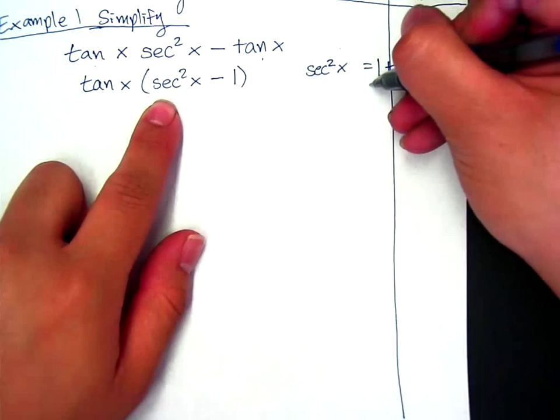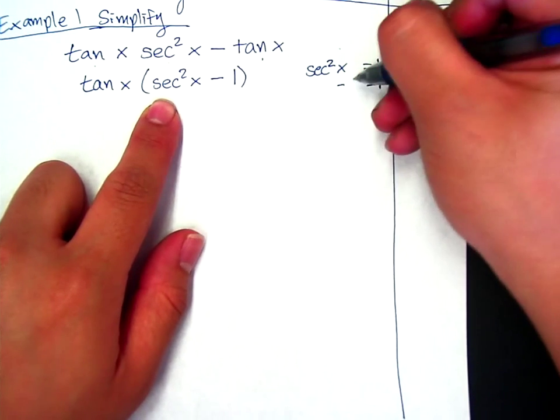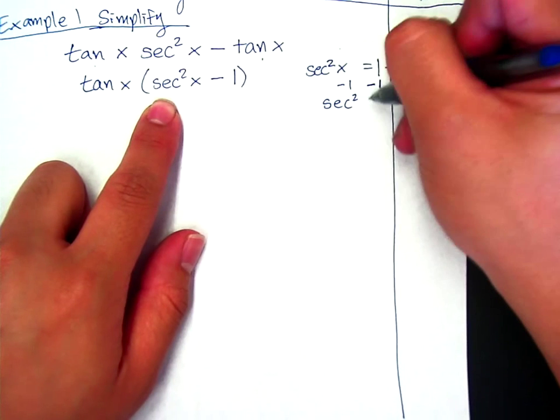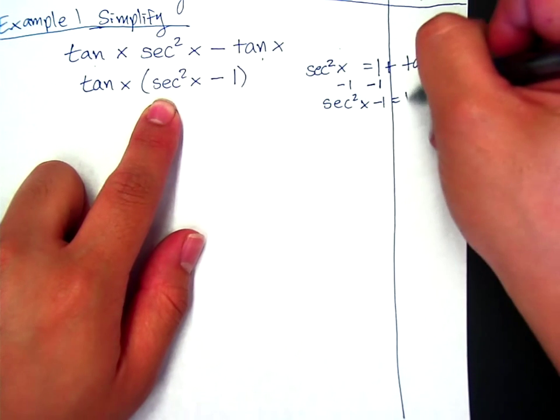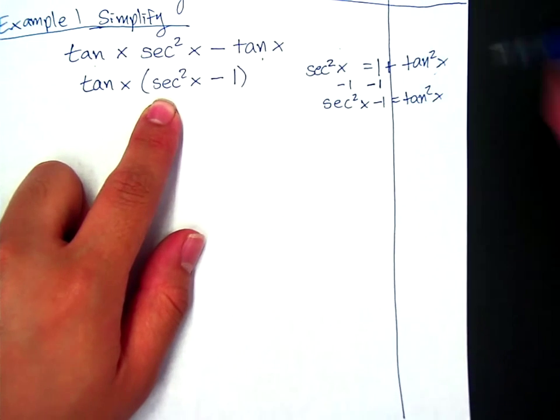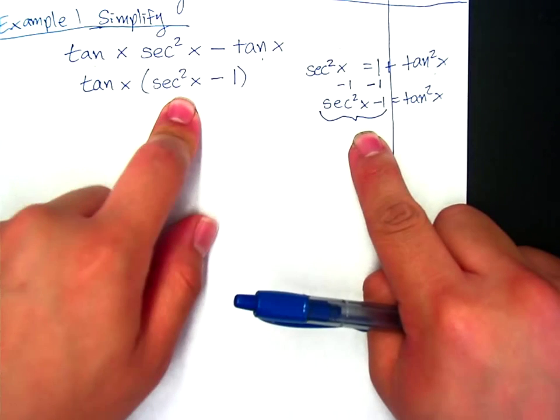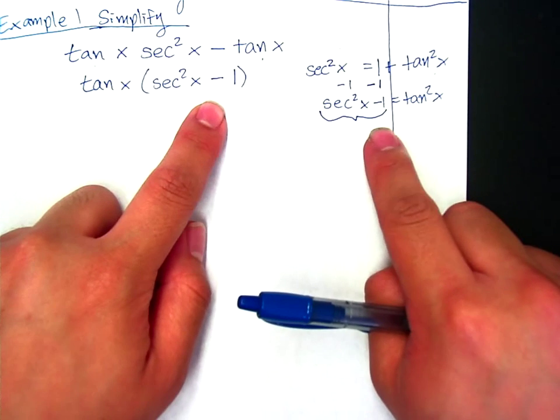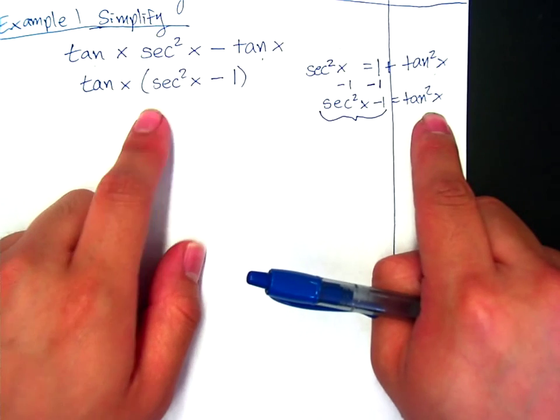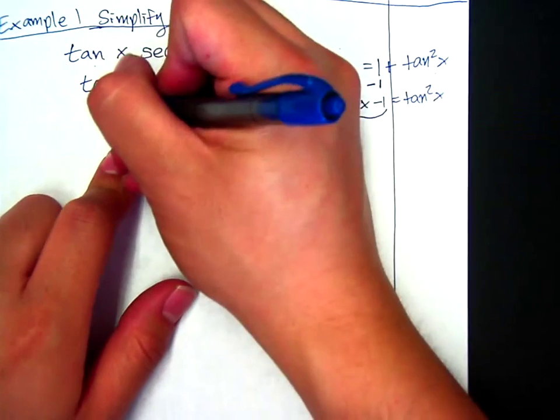Luckily this one works out pretty nicely, and I'm going to subtract 1 on both sides. So I get secant squared x minus 1 equals tan squared x. So what I have right here is exactly what I have inside the parentheses. So I'm going to replace it and substitute in the value of tan squared x.